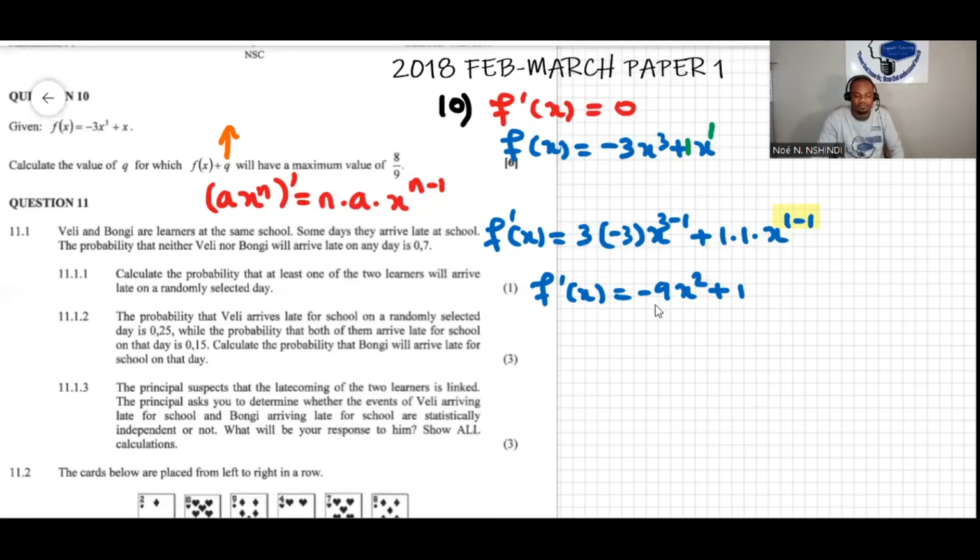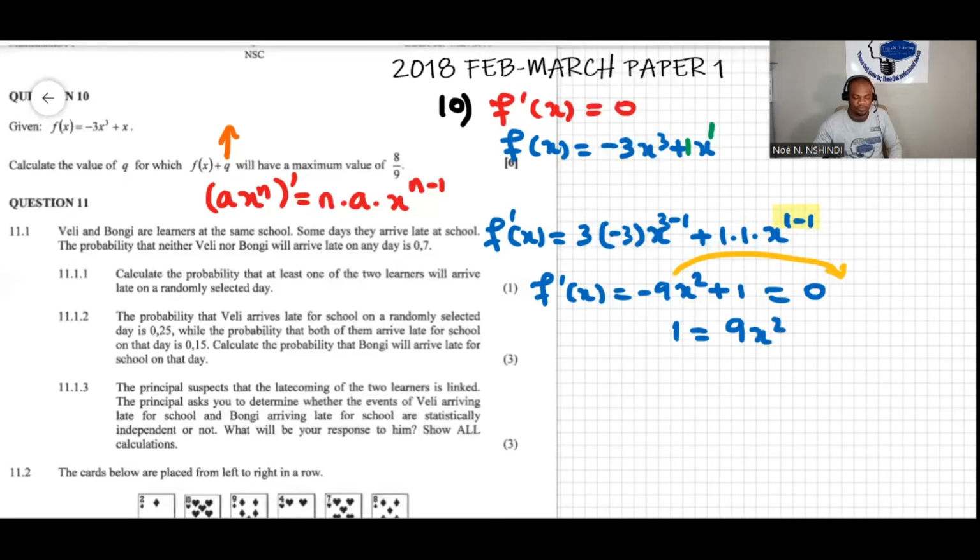So this is the derivative. Now I'm going to set the derivative equal to 0. If I move the negative 9x² over, I will have 1 equal to 9x².